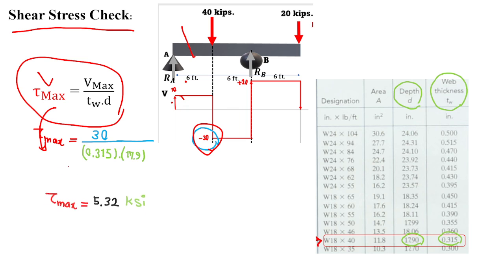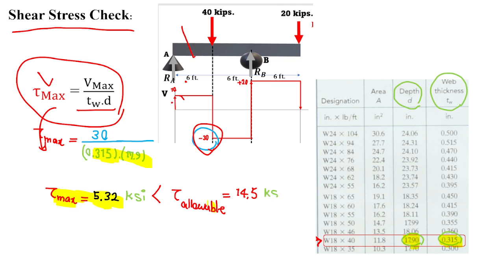So over tw times d, which just comes from here. And if you do so, it gives us a shear maximum equal to 5.32 ksi, and that's definitely smaller than the allowable, which is 14.5 ksi, so we can simply use W18 times 40, and that solves our problem.